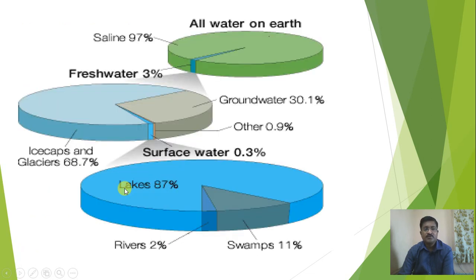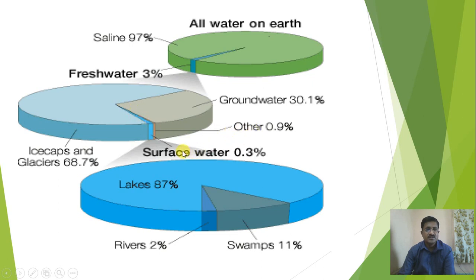If you see the worldwide water figures, 97% of total water is saline water, and fresh water is available only as 3%. If you want to go into more detail, groundwater is 30.1%, and ice caps or glaciers are 68.7%.